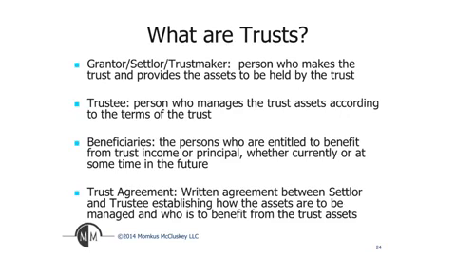So the trust maker will create a trust, make an agreement with the trustee where they're making a gift. That trustee may be a different person than the trust maker, and then the agreement describes how those assets are to be used through the trust for the benefit of the next generation of beneficiaries, the family members who are supposed to receive the benefits of those assets.